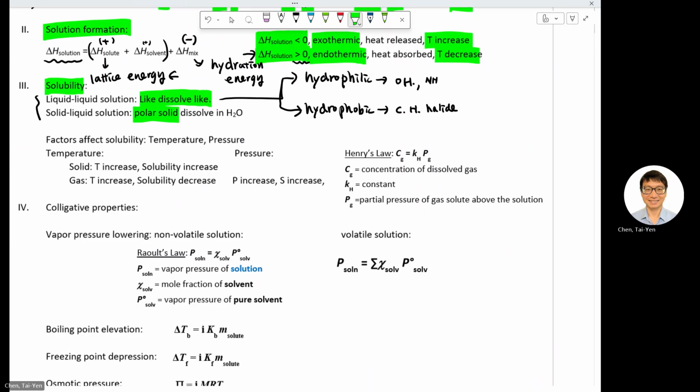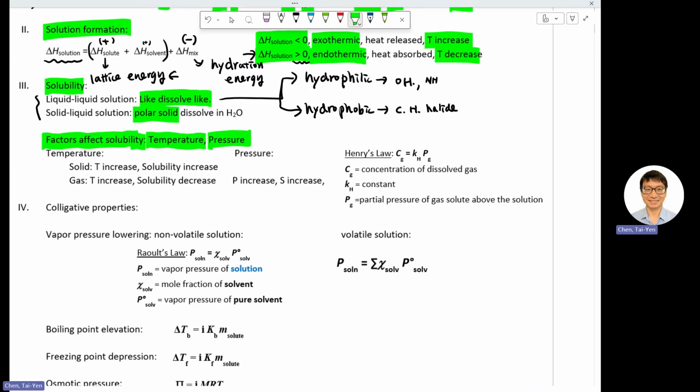The other very important concept we need to know is the factors that affect solubility, specifically temperature and pressure. Depending on the solute, if it is liquid or solid, the higher the temperature, the more you dissolve.